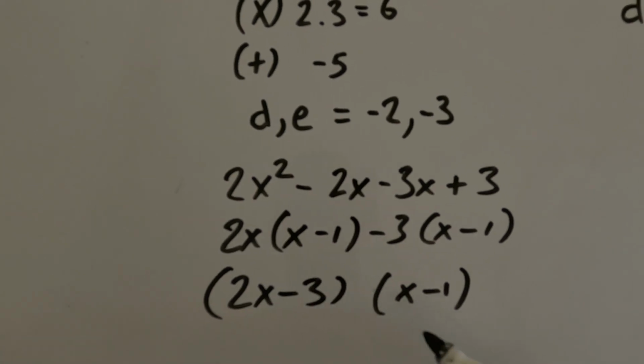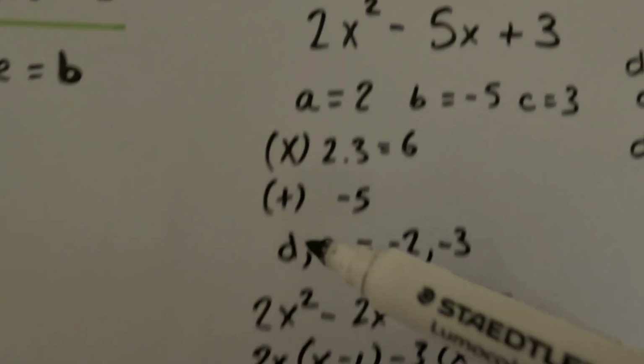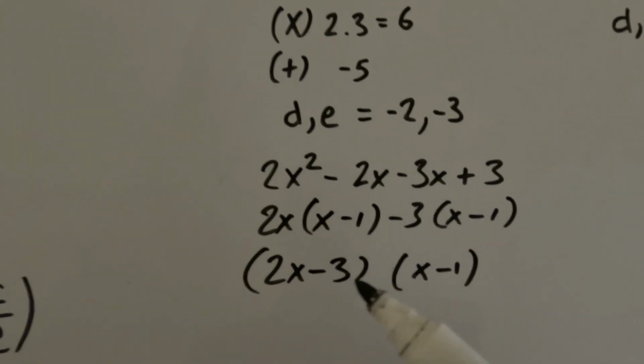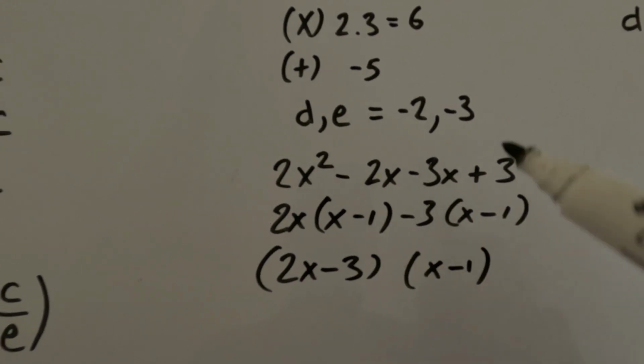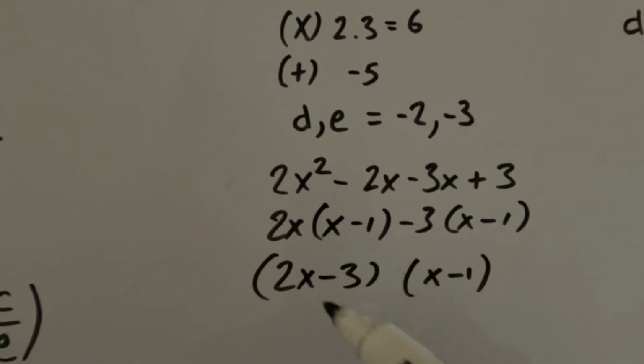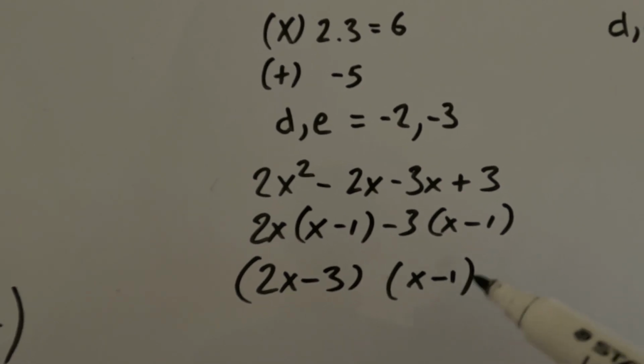And again, you'll notice that a is appearing here in one of the factors, but it's not appearing in the other. So a is 2, obviously. And then you'll notice that this minus 3 here is equivalent to e, and this minus 1 is equivalent to c over e.